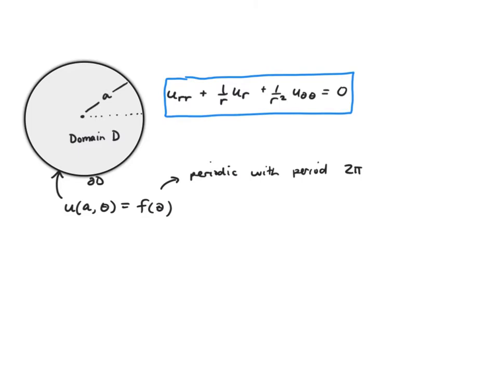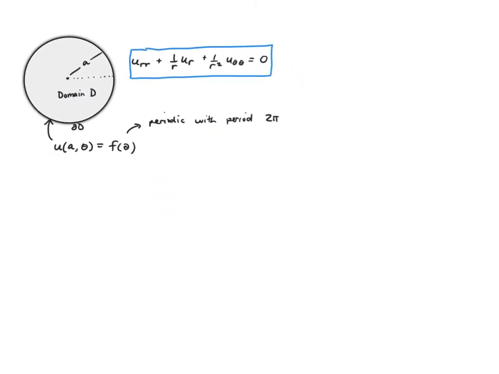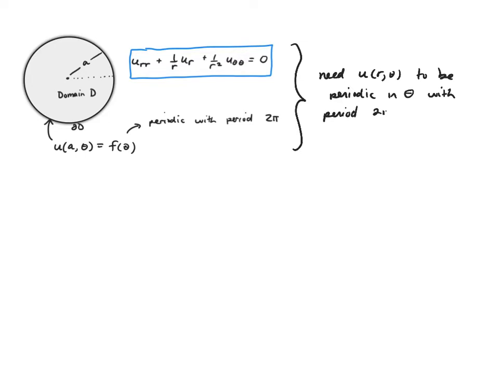Furthermore, if I look at the whole problem here, I also need my solution U of R, theta to be periodic in theta with period 2 pi. Okay, in order to make sense, basically wrapping around right here, wrapping around 0 equaling 2 pi. It's got to map on.